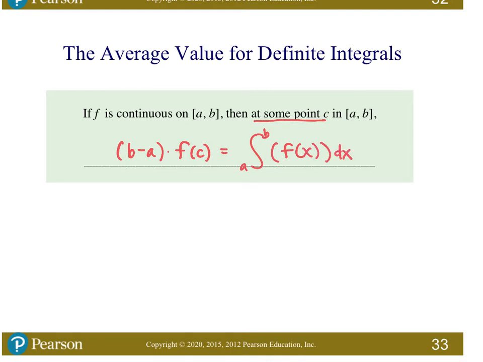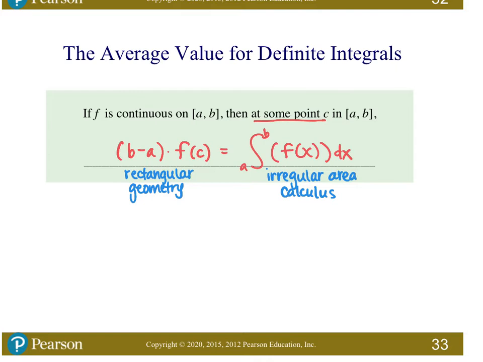Okay, the rectangular area, and it's done with geometry, is equal to the irregular area done with calculus. That at some point c, if you pick the right point, those two things would be equal. Okay, now that's the theorem. Those two things are equal.